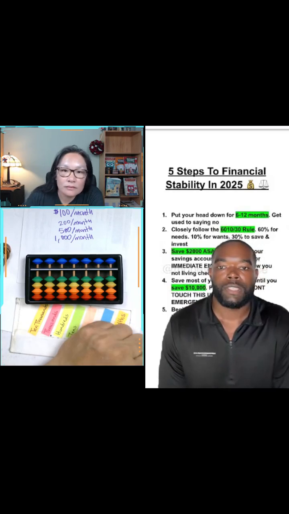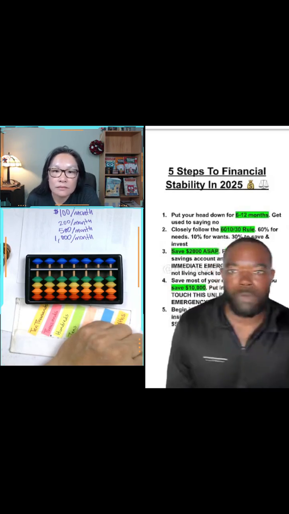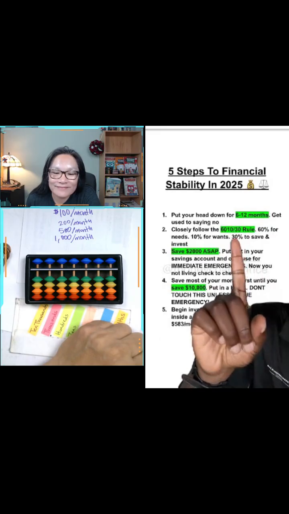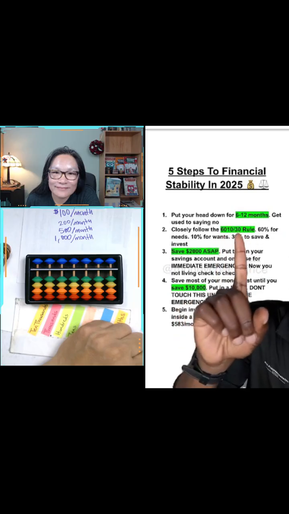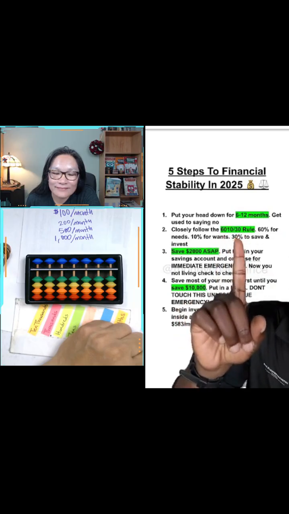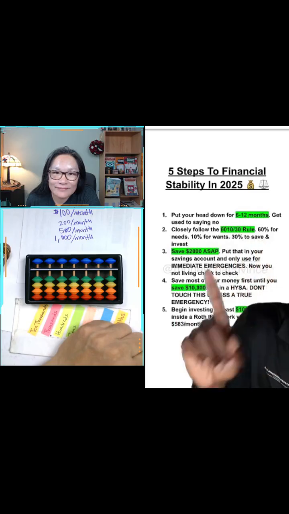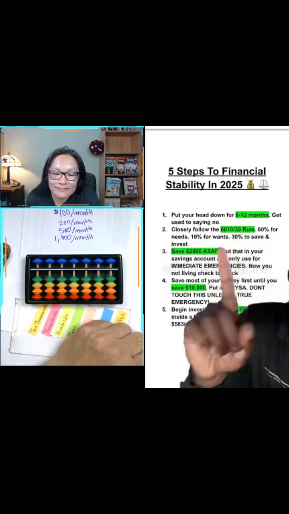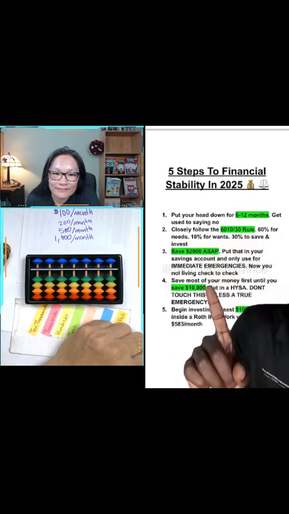So that's what we want to do here. You want to pick a dollar amount, or really you don't even have to pick it. You just use your system, you use your numbers, so you don't have to worry about it every single time. If we were using this 60-10-30 rule, where 30% is used to save or invest, that's how we figure out how much we need to save or invest each month.